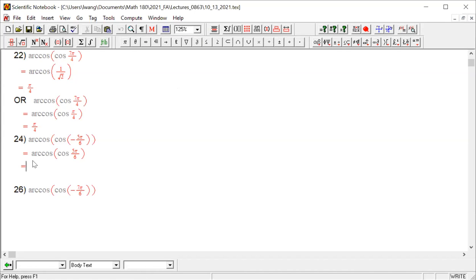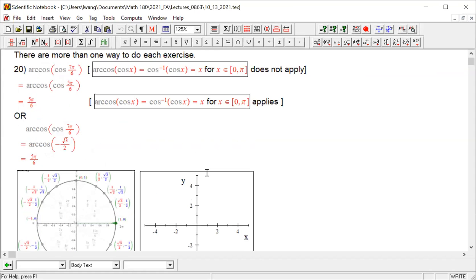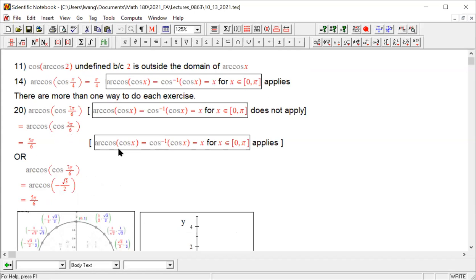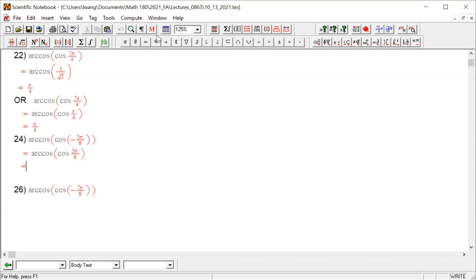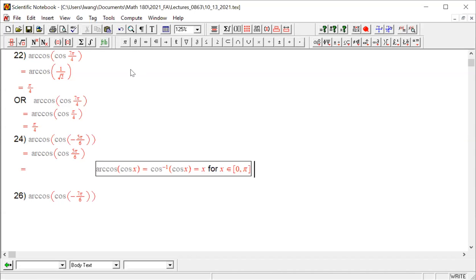Then that special property applies. Which special property applies? This one, right? Yeah, that property applies, so it's 5 pi over 6.